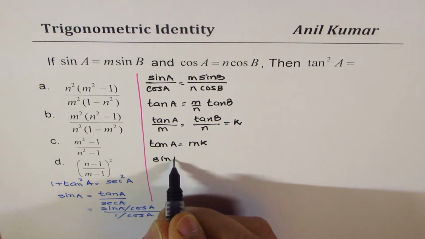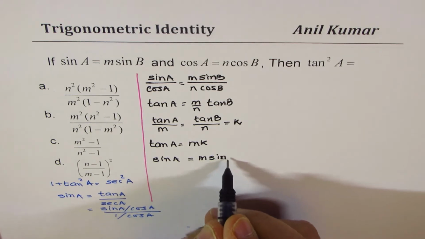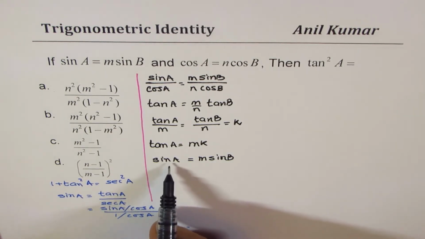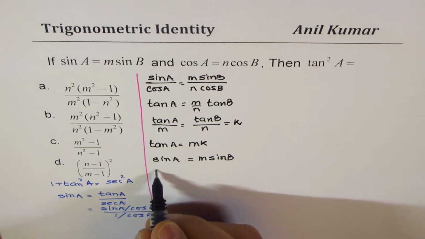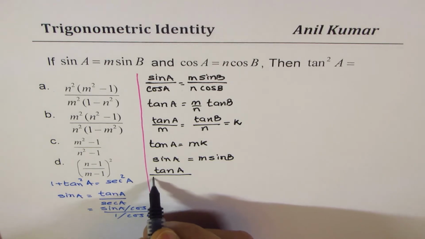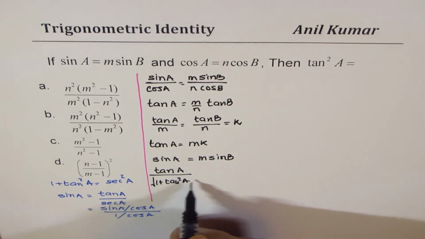Sine A equals m times sine B, and we'll use this to write sine in terms of tan. So we could write this as tan A over square root of 1 plus tan square A, that is secant A, correct?